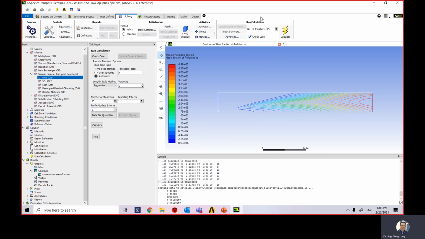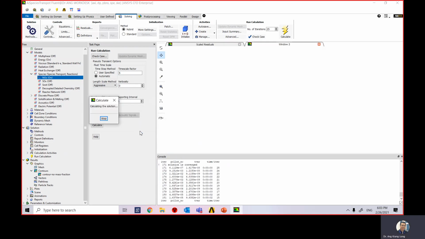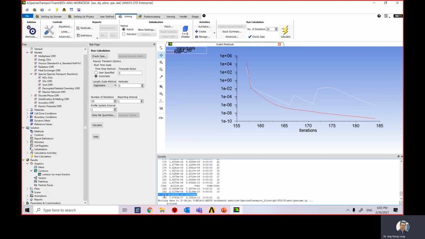Solving, advanced, and then run for 25 iterations again. So you see the convergence reached 184. The previous one is 171. So 171 to 184 is about 13 steps. So the solution reached convergence in 13 iterations.